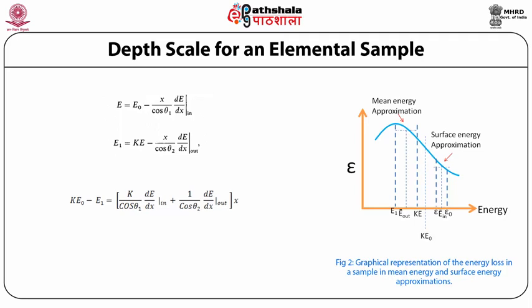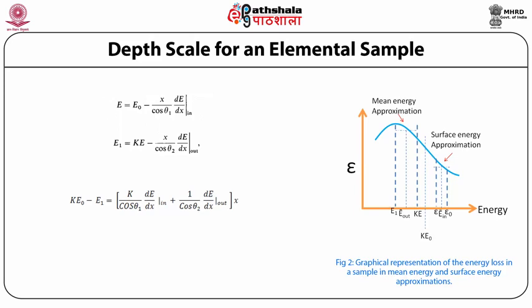The heavy segments give the dE by dx values for the inward path from E0 to E and for the outward path from kinetic energy to E1. The difference E0 minus E is the energy loss along the inward path, delta E in. Similarly, the kinetic energy minus E1 is the energy loss along the outward path, delta E out.